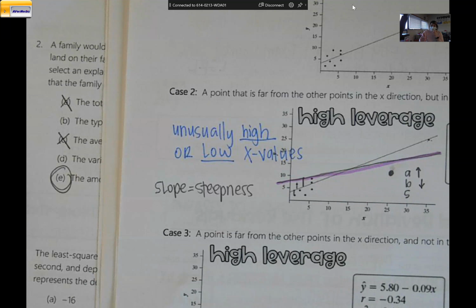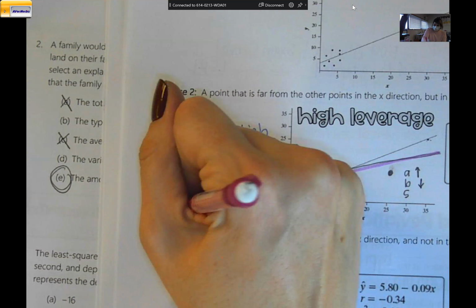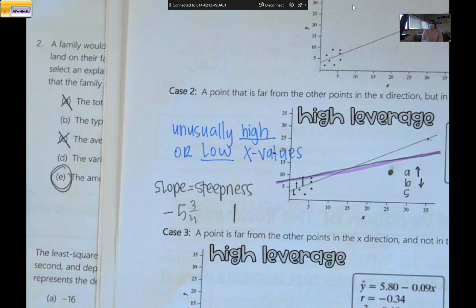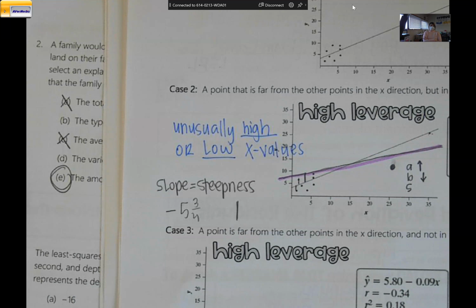Now let me give you an example of this. Negative 5 3/4, positive 1. Which line is more steep? Negative 5 3/4. But which slope is smaller? Smaller in quotation marks. Negative 5 3/4.